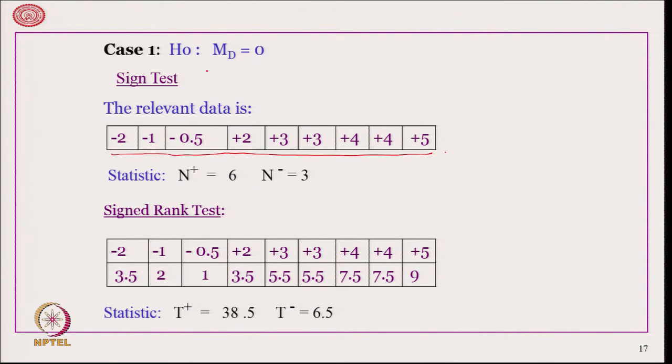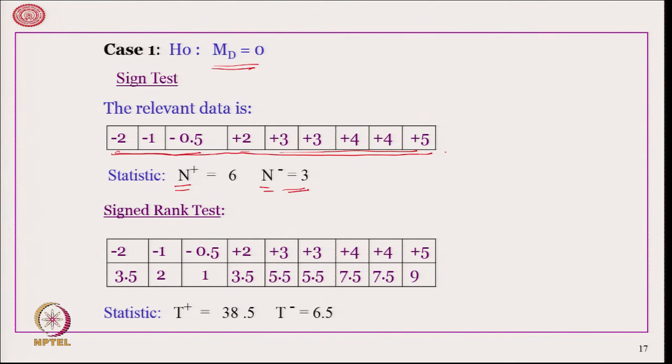Now, H naught is MD equal to 0, that is, whether there is no gain, or in other words whether the median of the difference is equal to 0. Therefore, the corresponding statistics are going to be n plus and n minus. We see that there are 6 of them which are positive and 3 of them on the negative side.